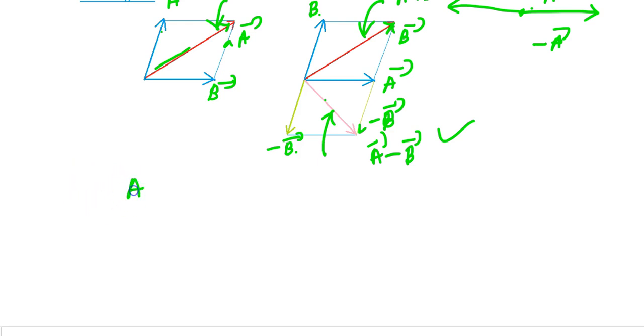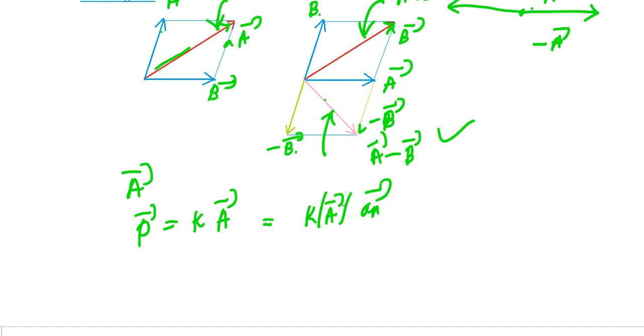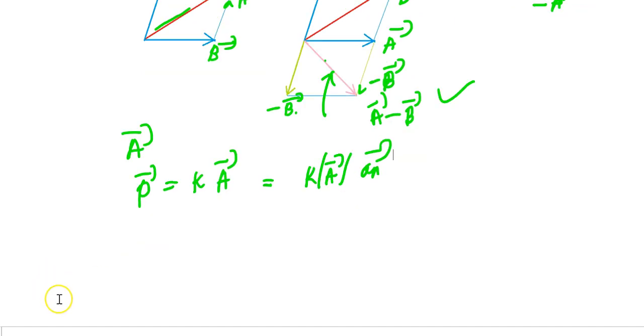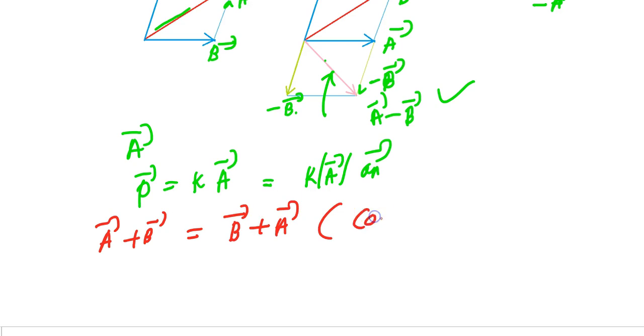Multiplication of a scalar into a vector. Suppose we have a vector A. I want to have another vector P, which is a scalar k multiplied by A. So you see that it only changed the values, that is k, magnitude of A and a_n. That's all. Vector addition is commutative, that is A plus B is equal to vector B plus vector A. We call it commutative.